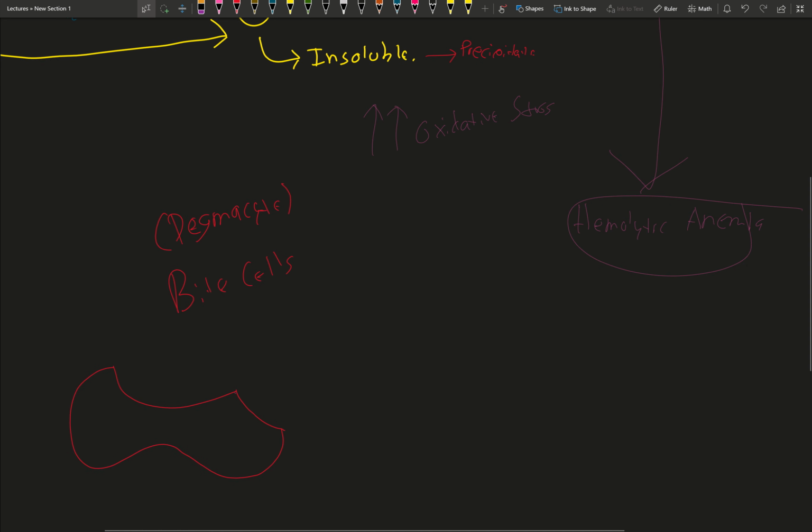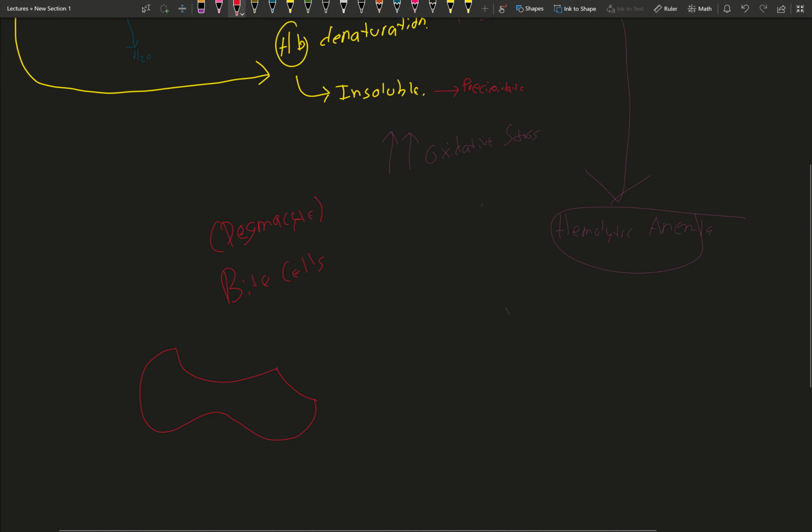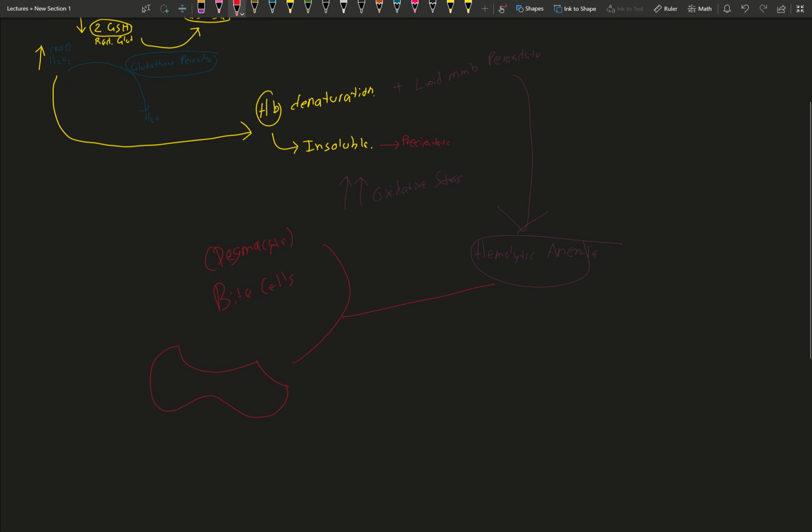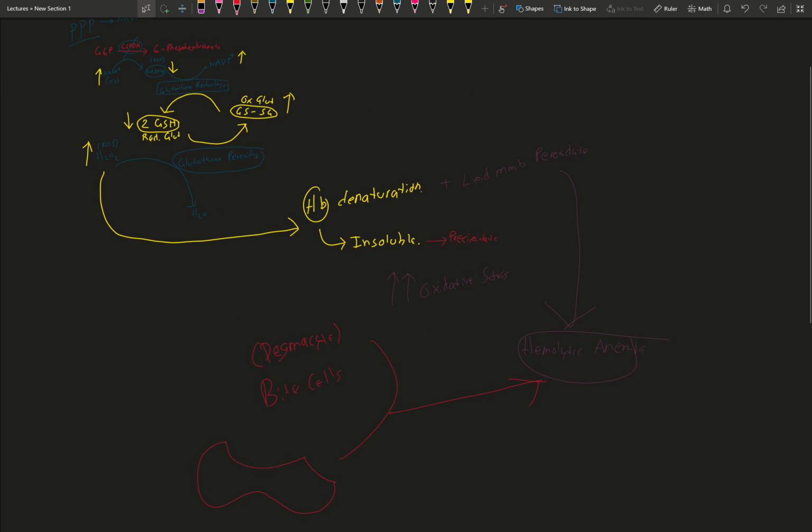So not only are these membranes weaker due to lipid membrane peroxidation, but they also from time to time have small chunks of them eaten away by macrophages. All of this together can induce hemolytic anemia. So denaturation, peroxidation, and the bite from these macrophages, obviously hemolytic anemia.